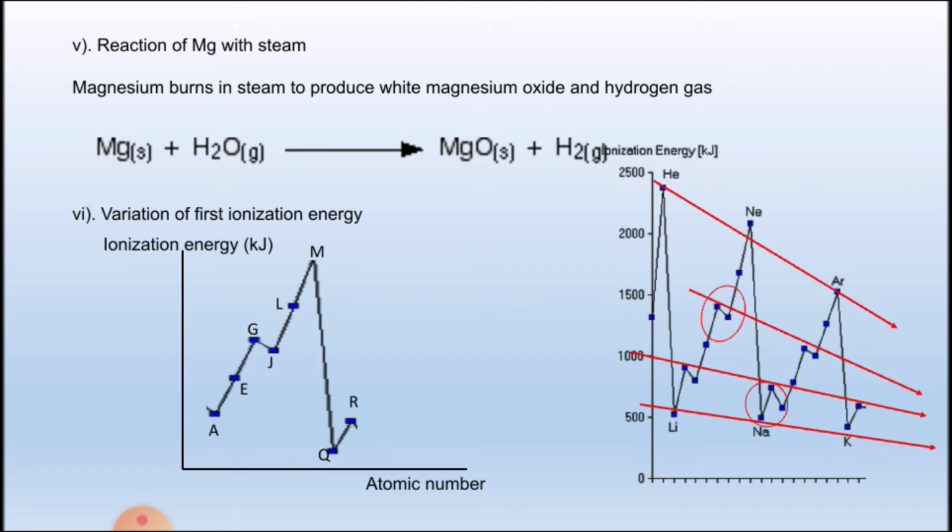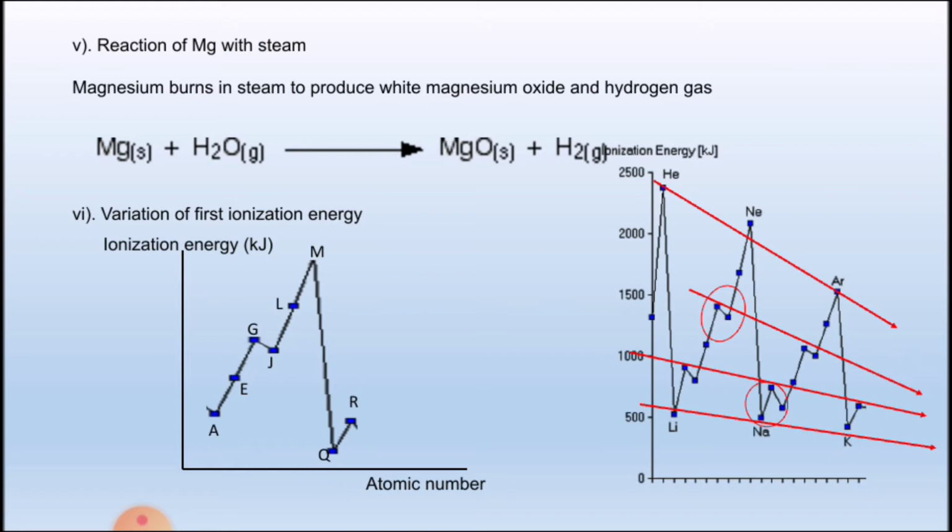That means the element in the next group after group 2, that is group 3, has a lower first ionization energy than group 2, and the same applies to groups 5 and 6.